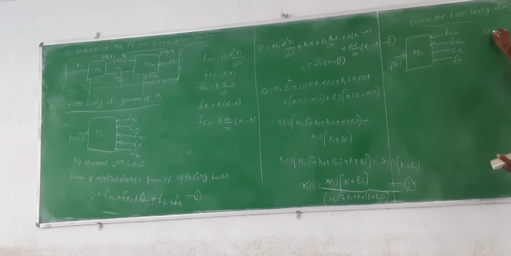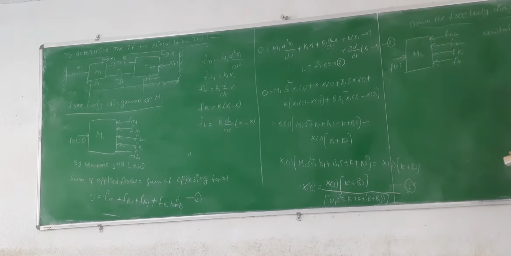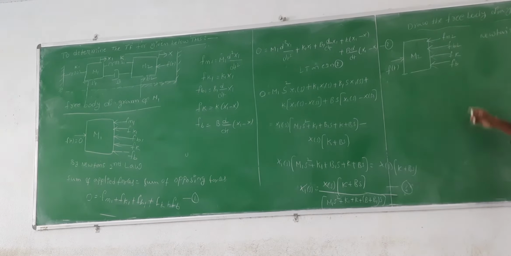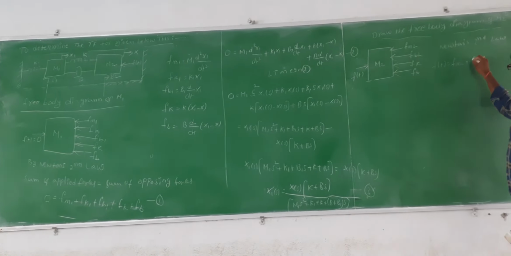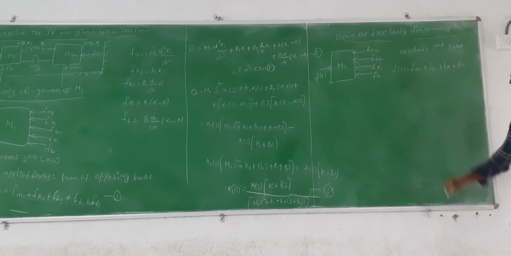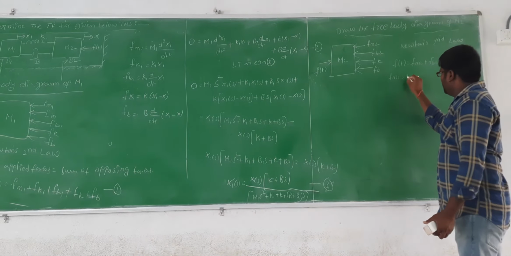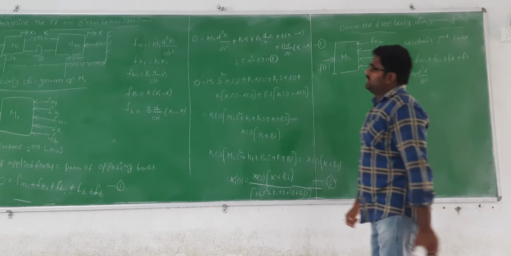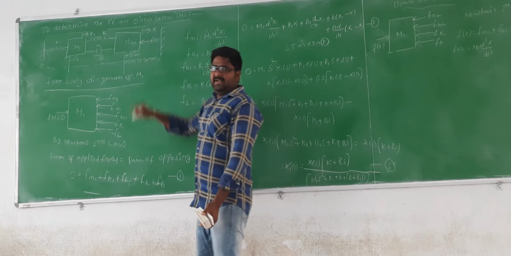Newton's second law. What is Newton's second law? The sum of applied forces is equal to the sum of opposing forces. So F(t) equals Fm2 plus Fb2 plus Fk plus Fb. Force balance equations: Fm2 is m2 into d²x/dt², since the displacement is x.